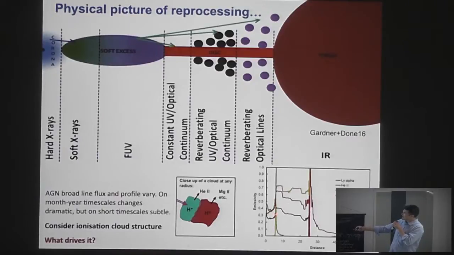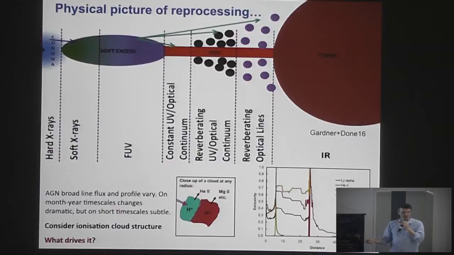So H alpha, you can see that essentially the emissivity peaks here, flattens off, and then has a very strong peak over here, and then flattens off again as you go through this portion of it. And you can also see a similar thing for helium-1, which is in yellow. Lyman alpha is emitted just in this portion and not in this portion. And then you also have helium-2, which is a high ionization species, which is emitted at the front of this.